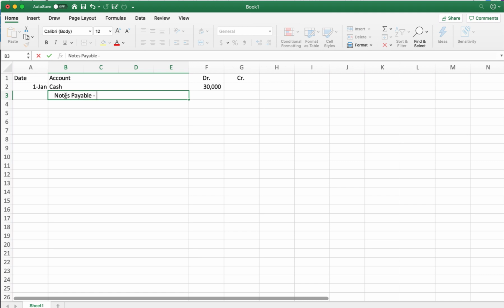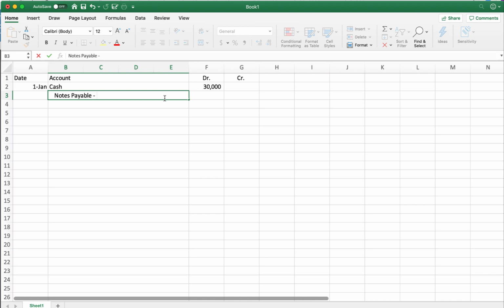Now, it is possible in a real company that you will have more than one notes payable outstanding. That happens. That's okay. What we can do is we can just hit our notes payable and we could notate the account that this is actually Platteville Bank.